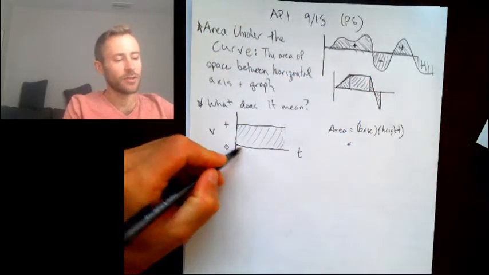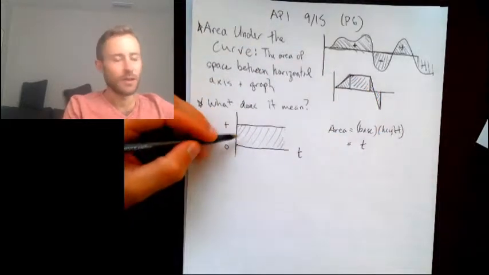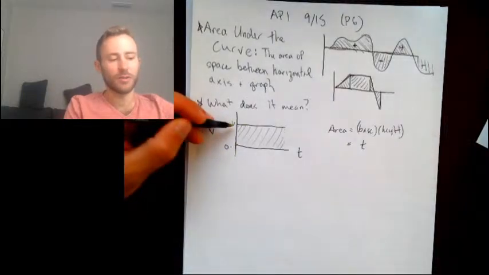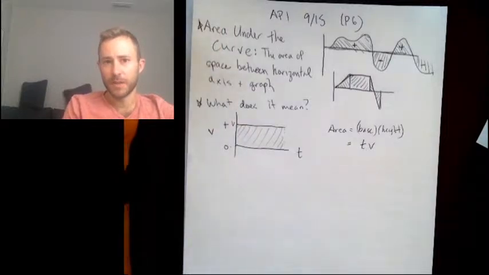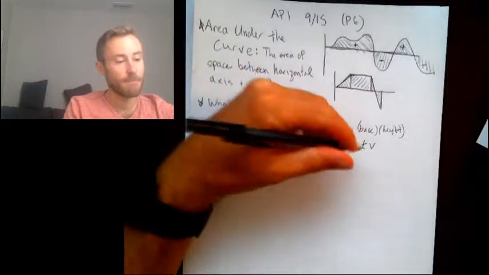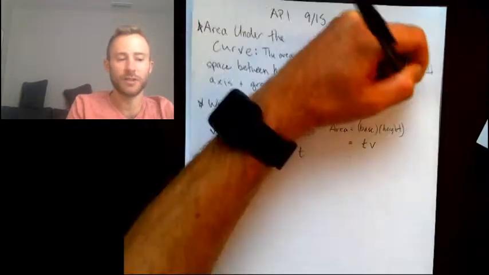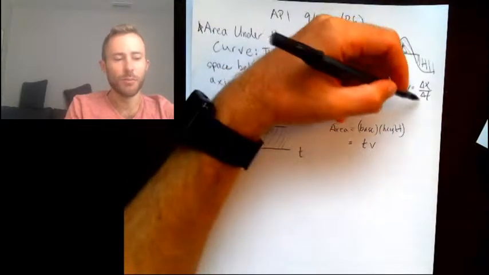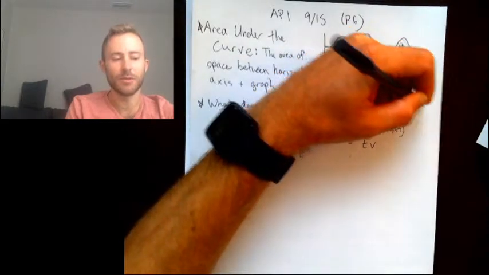The base is the time elapsed, and the height is from 0 to whatever the velocity was. So the height is just the velocity that you were traveling at. So area in a velocity time graph is velocity times time, okay? But if we use the definition of velocity, velocity is displacement over time. So if we multiply both sides by time, we get velocity times time equals displacement.